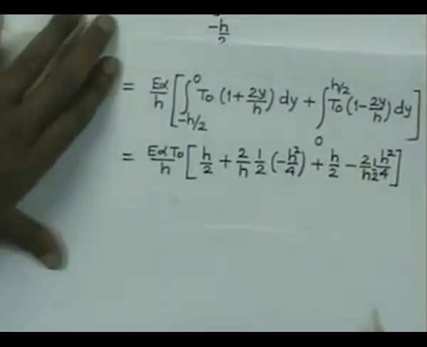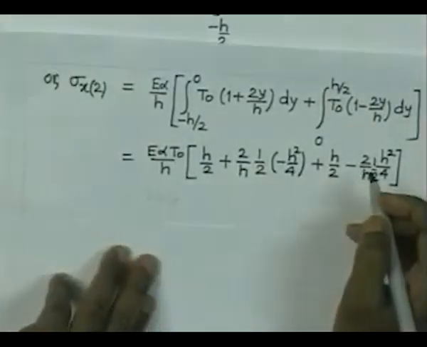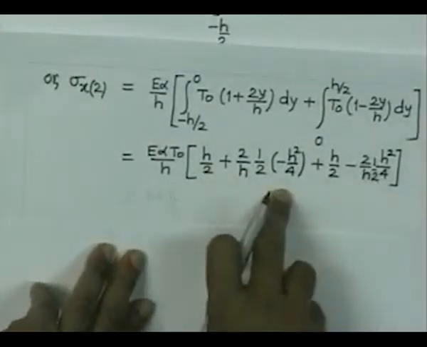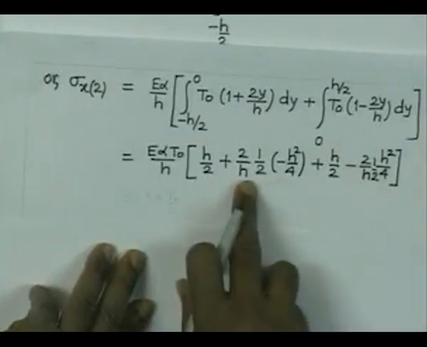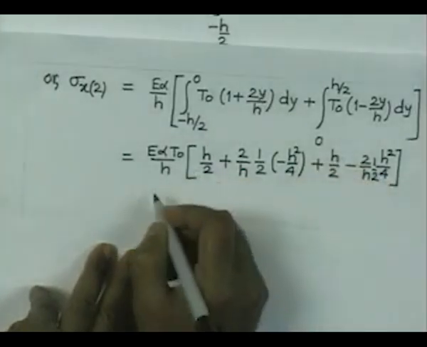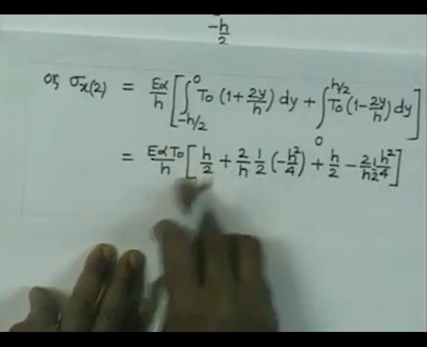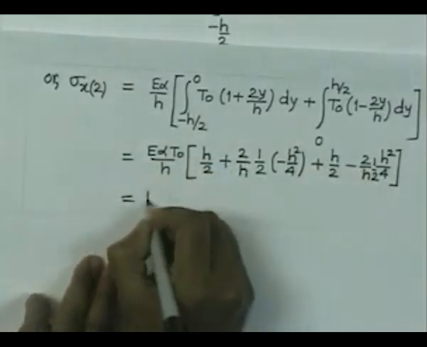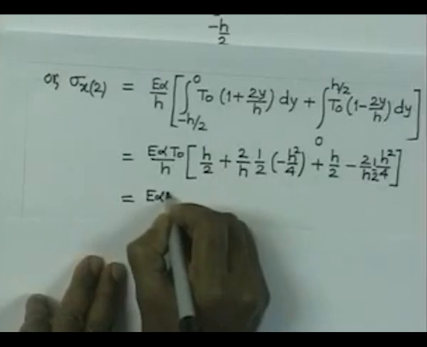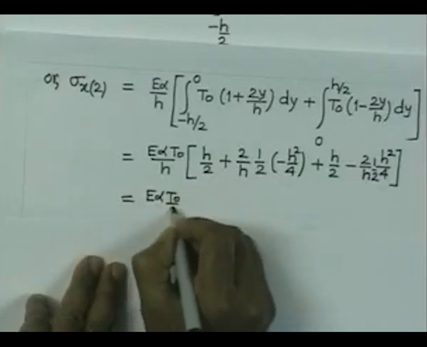So, this is going to give us minus h by 4, this is also minus h by 4, that will make it h by 2. So, one of them will cancel, and then this h by 2 will be there, and it will have a cancellation with h, and finally, we are going to have E alpha T0 by 2.